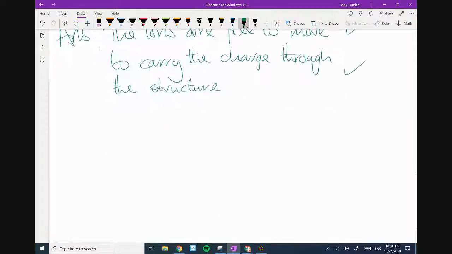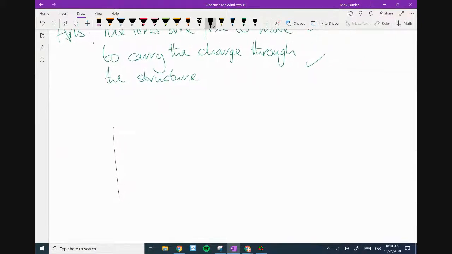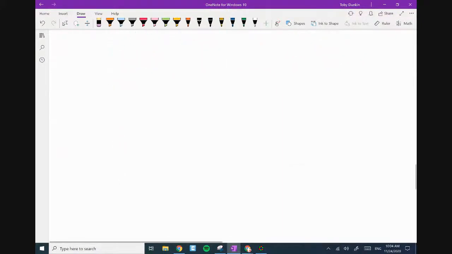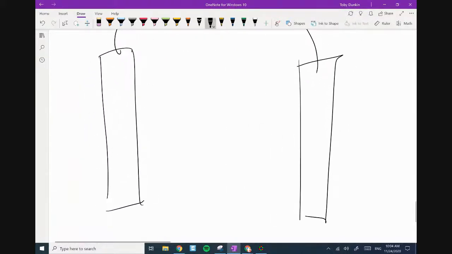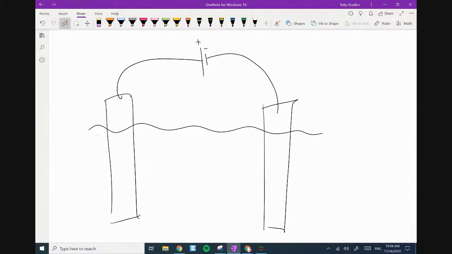So in a diagram, the diagram would look like this. So we've got the positive electrode, and I don't like circling it, and the negative. And what now happens is that when molten or in solution, it doesn't make any difference. This is the positive electrode.